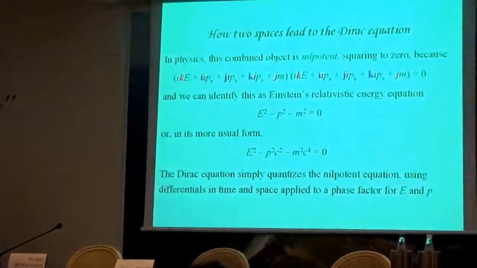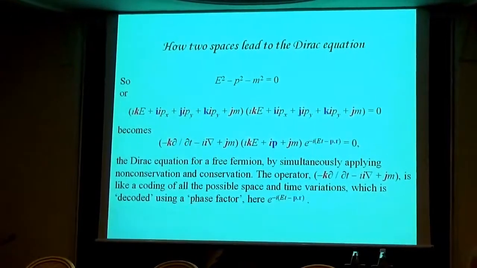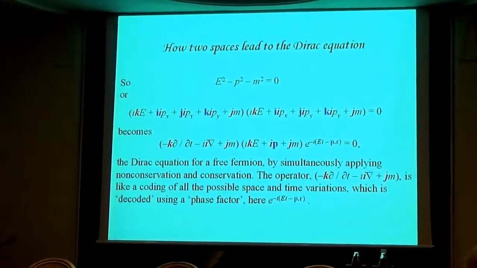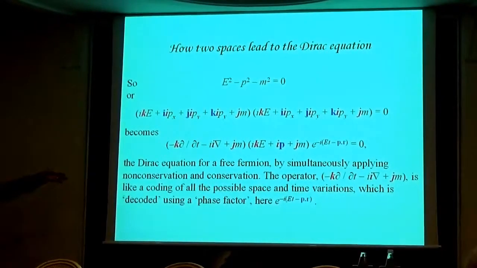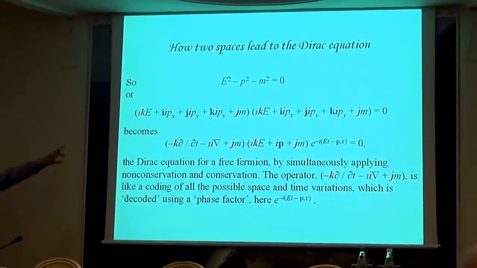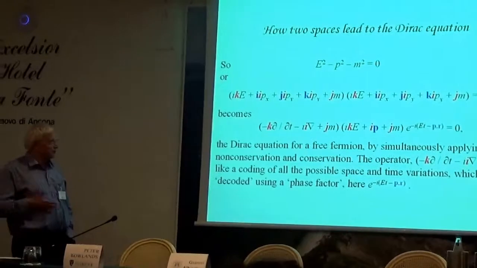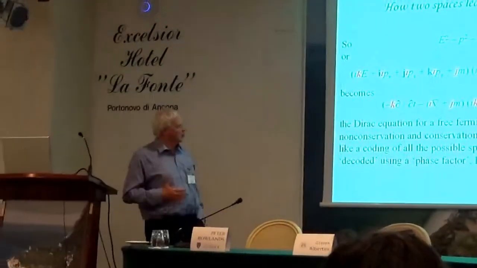And if we want to do it in quantum terms, we can quantize the first bracket in the usual way, the way we've always done for the Schrödinger equation and so on, i d/dt, and replace E with that, and p with del. That's just for a free particle, but we can do it for a bound particle as well.